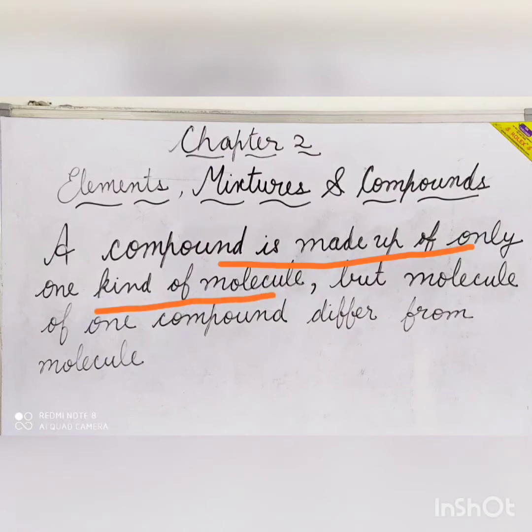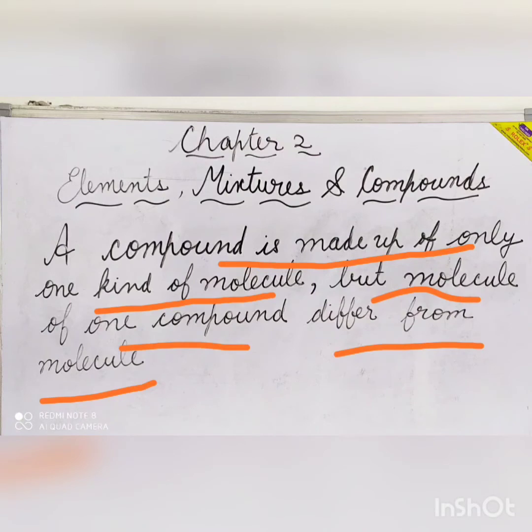A compound is made up of only one kind of molecule. But the molecule of one compound differs from the molecule of another compound. That is why all compounds have their unique properties. For example, all the molecules in sodium chloride are identical.